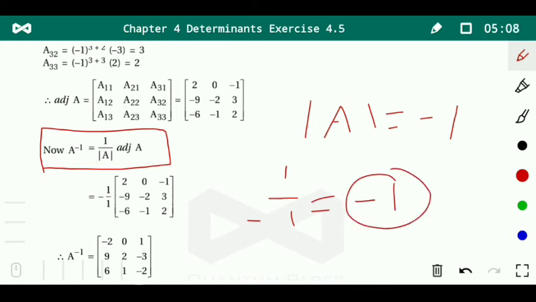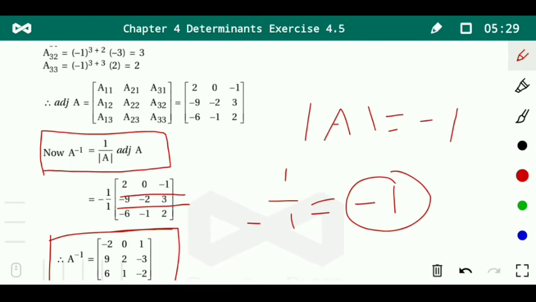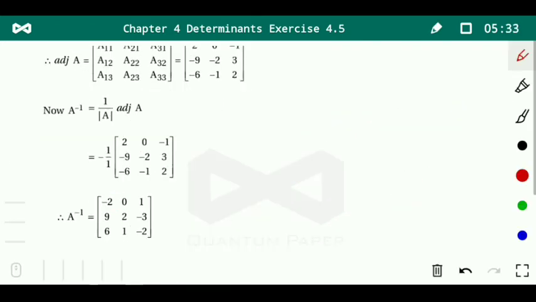So simply we multiply by the minus sign. Last, 2 0 minus 1, minus 9 minus 2 3 and minus 6 minus 1 2. Now multiplying by minus 1 gives minus 2 0 1. Simply we change the sign. 9 2 minus 3, 6 1 minus 2. So it gives the inverse of the given matrix.